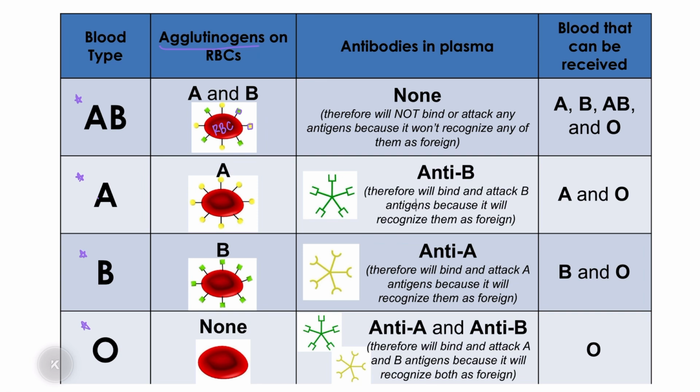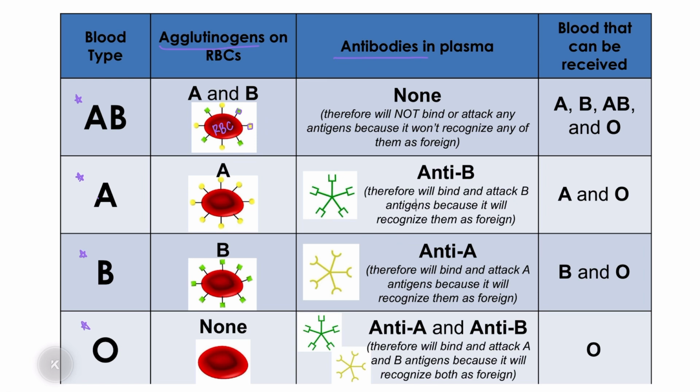So if you are blood type AB, you have both the A and the B proteins on the outside of your red blood cells. If you are blood type A, you only have the type A. If you're blood type B, you only have the type B proteins. And if you are type O, that means you don't have either. You don't have any proteins on the outside of your red blood cells. So why this is important is because your body makes antibodies.